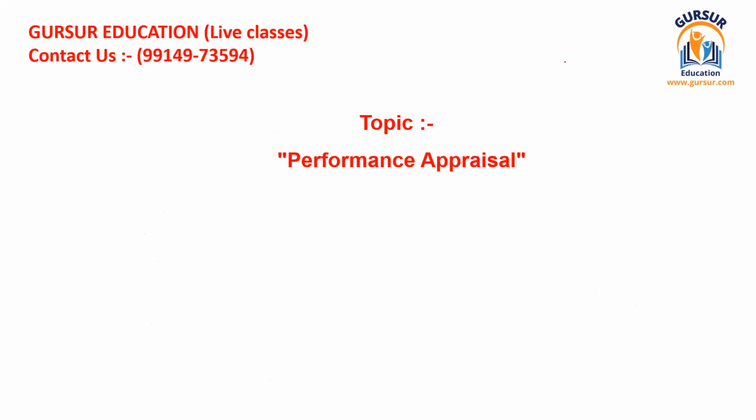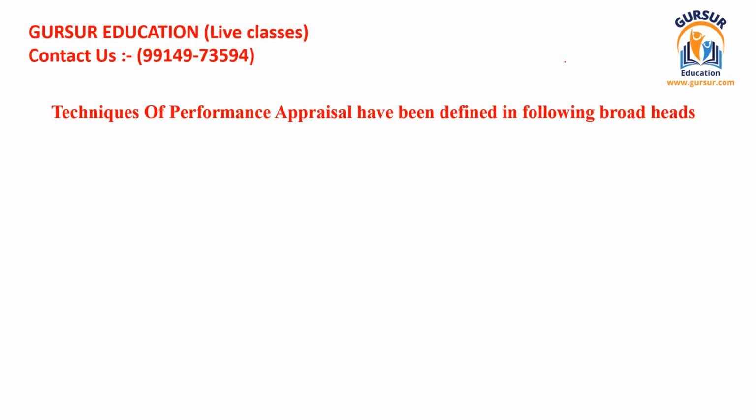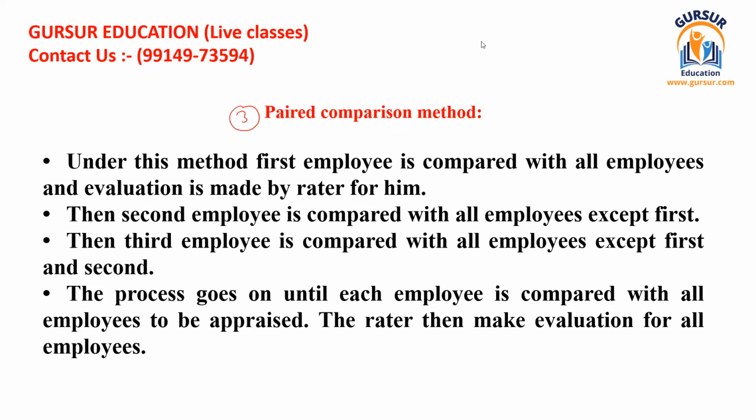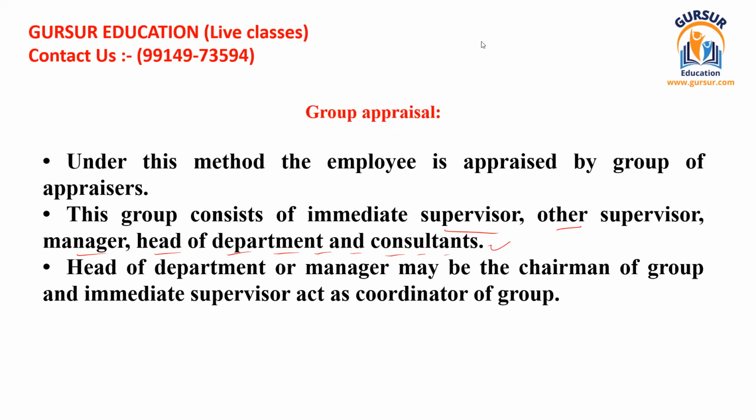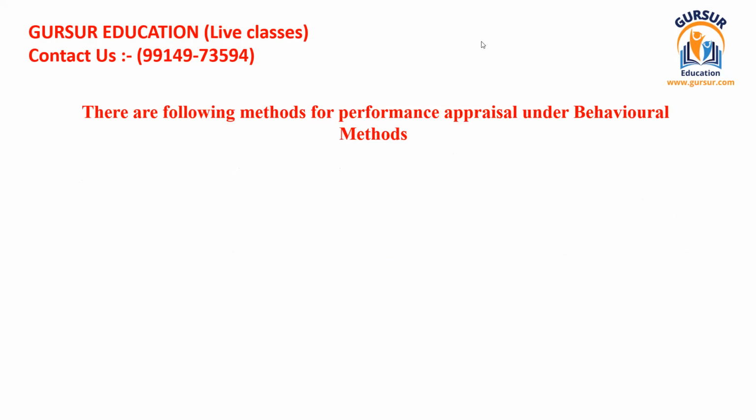I hope you have understood this concept pretty much. I taught you what a performance appraisal is and what the different methods are. We have studied the broad heads on the basis of which discrimination can be made between the methods of performance appraisal. The first was the trait methods. Then we did the behavior methods.